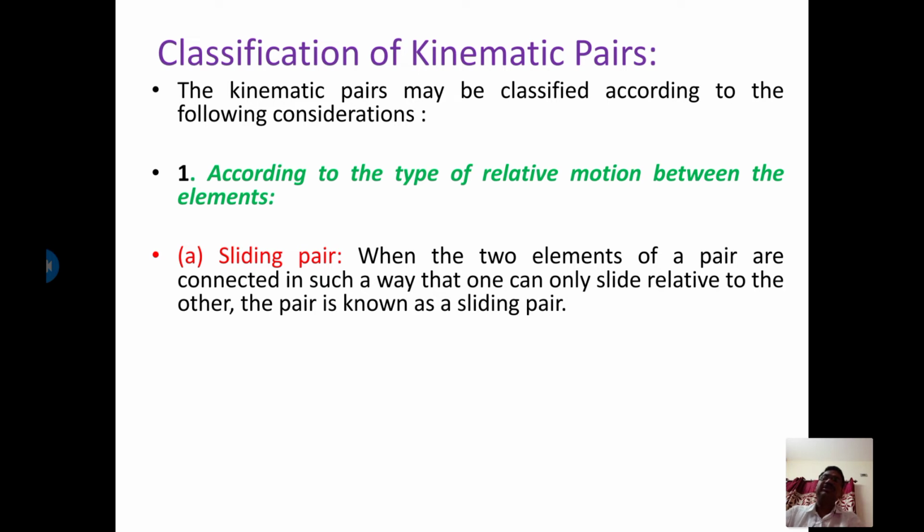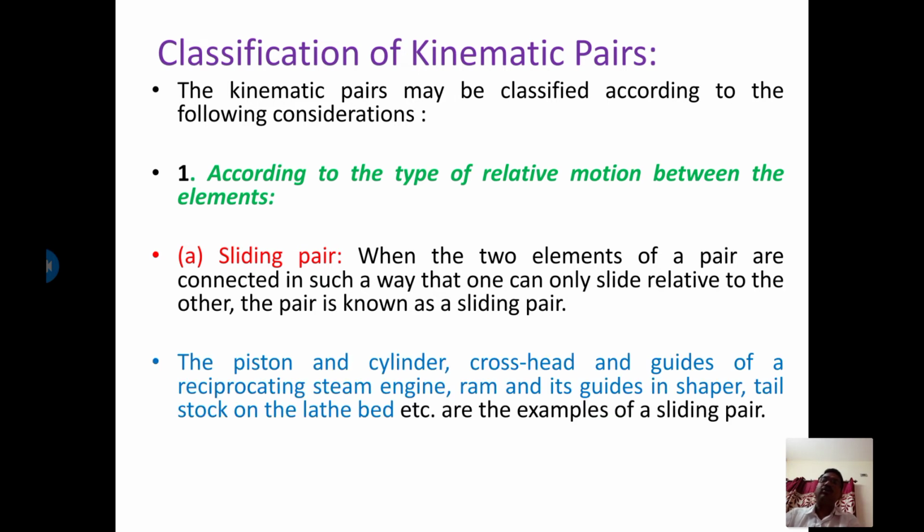Examples for this are a square bar in a square hole, piston and cylinder, crosshead and guides of a reciprocating steam engine, ram and its guides in a shaper, and tailstock on a lathe bed.